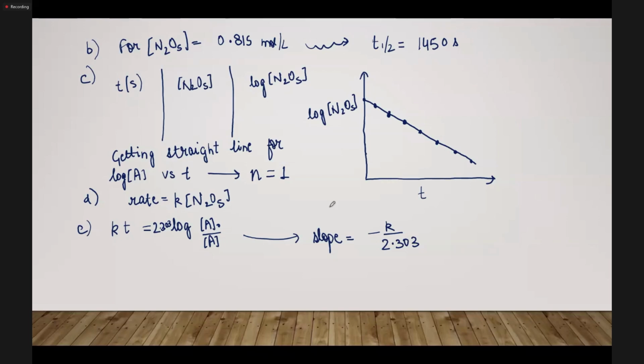So we will find out the actual slope. The way we find the slope of a line is dy/dx, so this is y2 minus y1 by x2 minus x1. You will use this formula and find the slope.